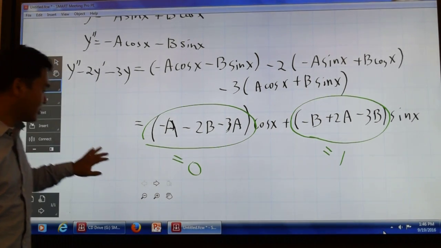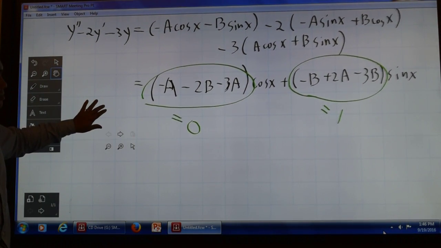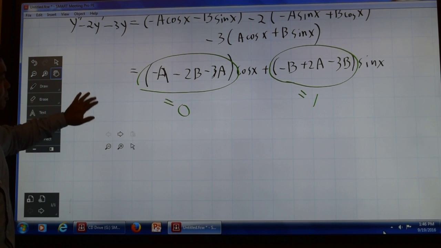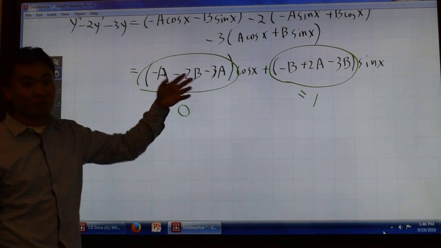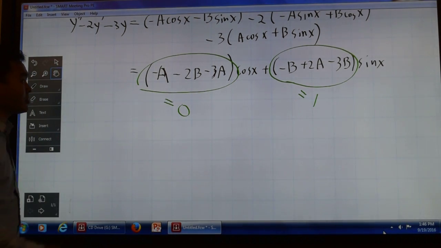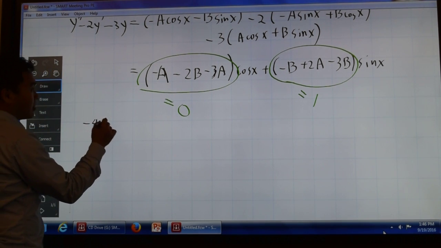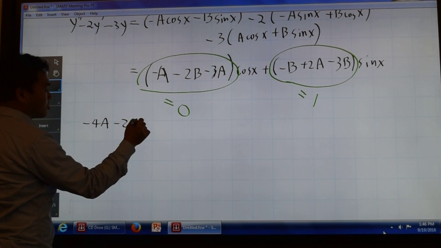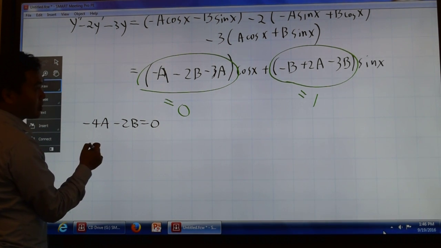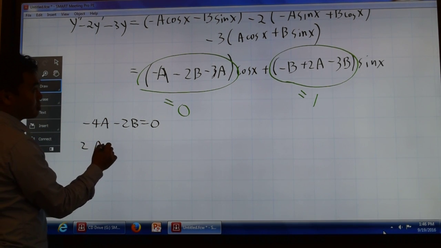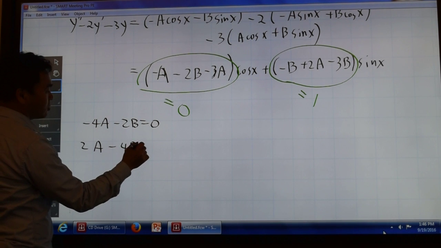Let's solve. It's somewhat surprising that you can actually solve it, because you have two equations and two unknowns, a and b. So you have negative 4a minus 2b should equal 0, whereas 2a minus 4b should equal 1.